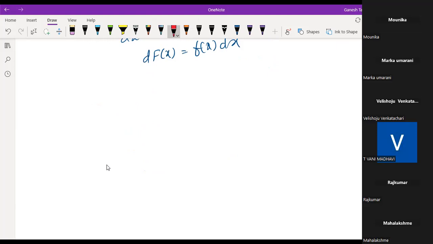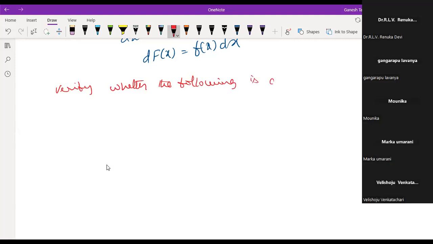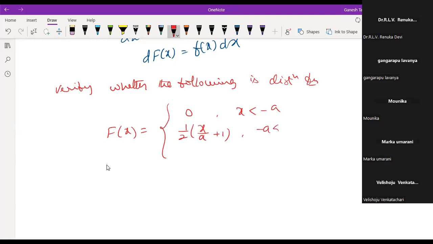Okay, I'll give this: verify whether the following is a distribution function, that is, capital F of x is equal to 0 if x is less than minus a, 1 by 2 (x by a plus 1) if minus a is less than or equal to x is less than or equal to a, and 1 if x is greater than a.